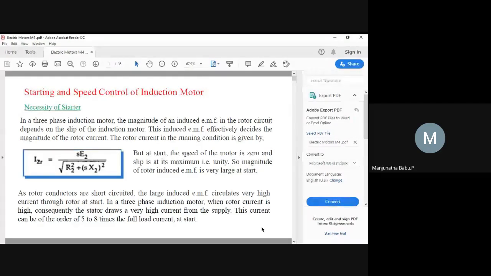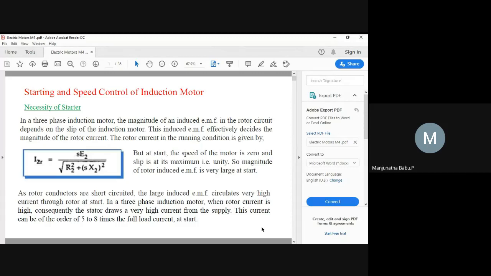The second, the rotor current equation, I2 is equal to S into E2 by square root of (R2 squared plus (S into X2) squared). Relating these two equations, the line current will be equal to the power rating of the motor divided by root 3 VL cos phi. The power is constant, root 3 and the line voltage are constant, so the power factor comes into consideration.